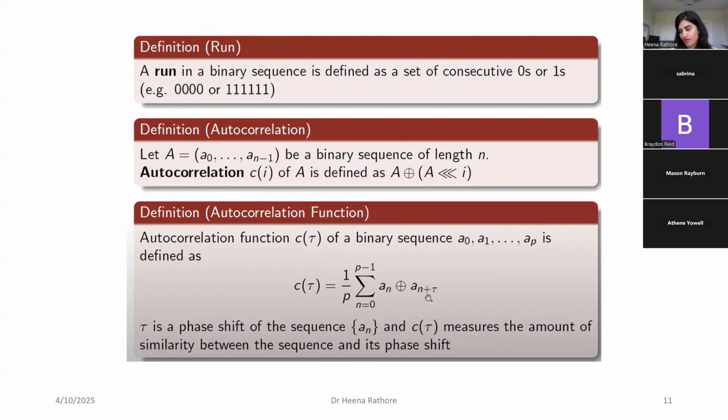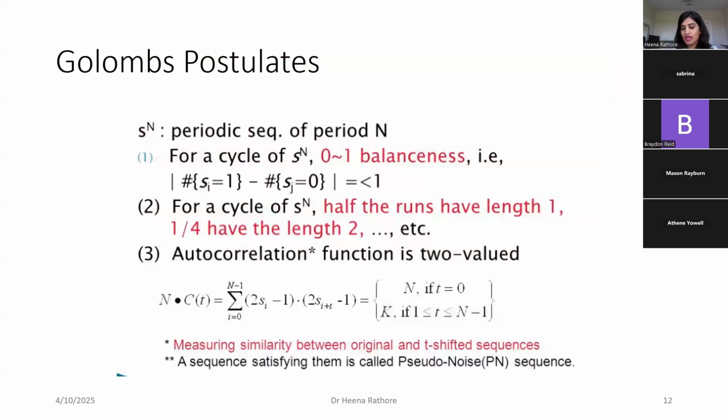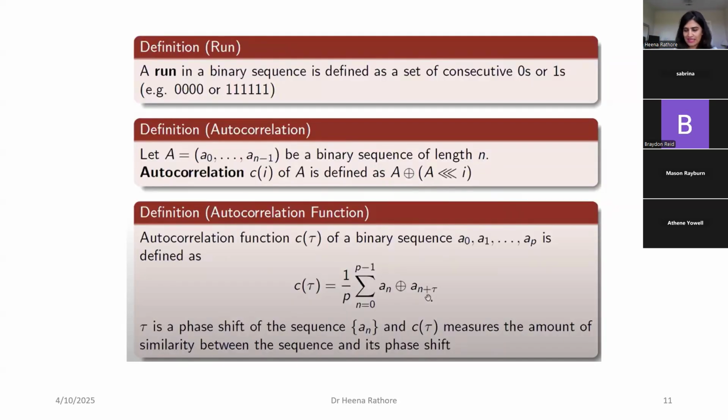How can you identify that? For that, there was this guy, Golomb, who came up with Golomb's postulates. In order to understand Golomb's postulates, you should know 3 important terms that I would be using. The very first term is run.